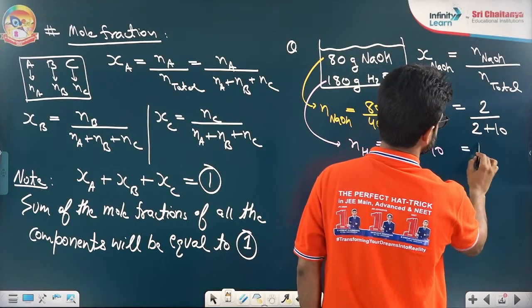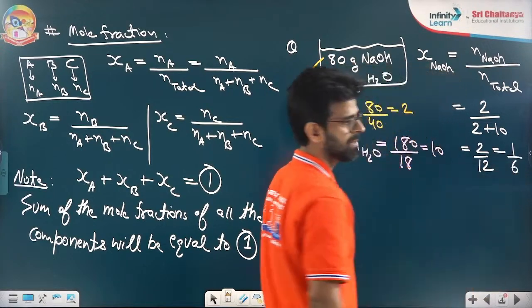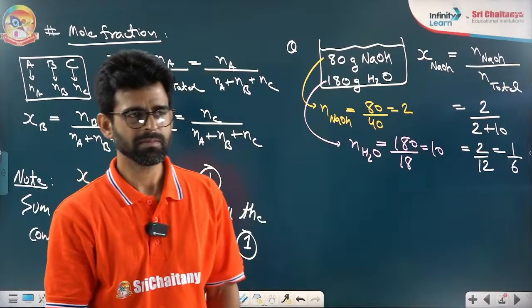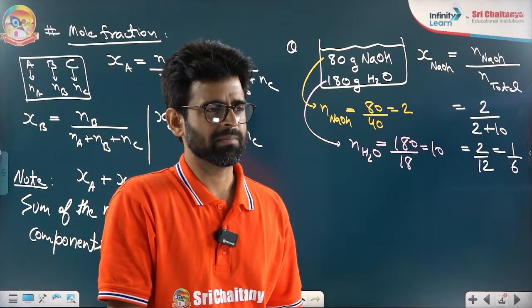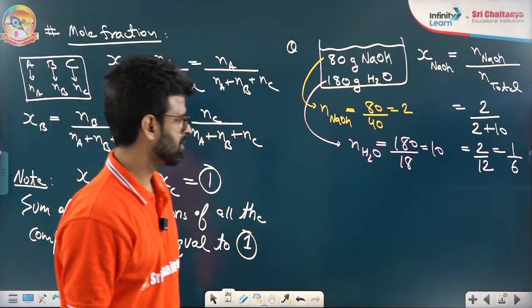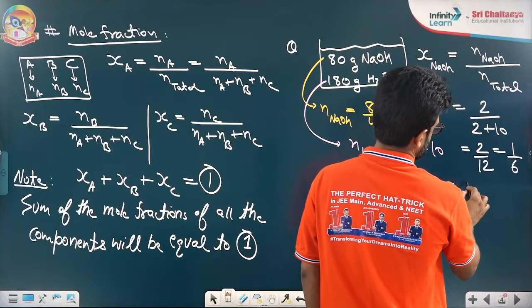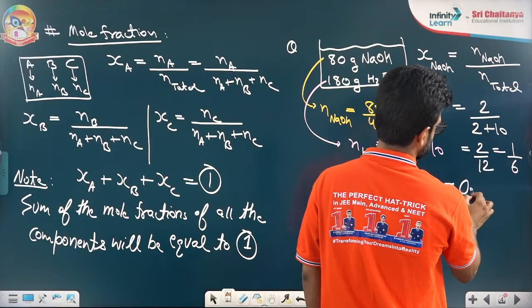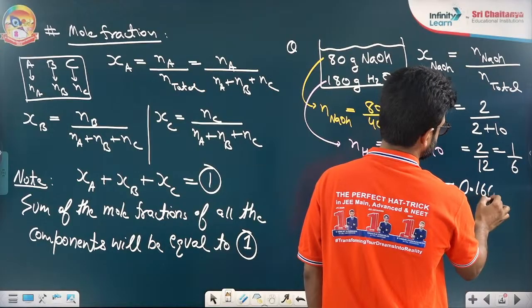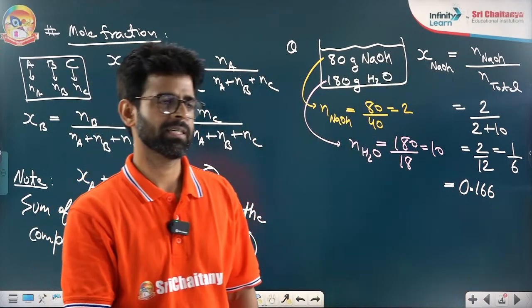So what's coming here? 2 by 12. It means how much? 1 by 6. Yes, 0.16 something. Good, right? If you try to solve this thing, what's coming? 0.166 something. Right, everyone? Great.